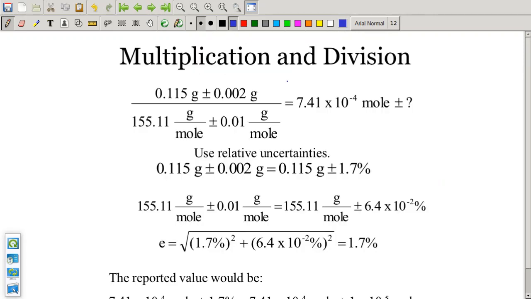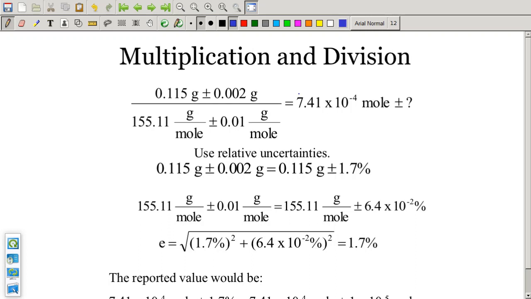On the other hand, if you do multiplication and division, what you're going to do instead is use the relative errors in the same formula. In this particular case, I'm calculating a number of moles. I have a mass of a compound with a fairly large relative error, and I have a molar mass, and the molar mass is also going to have a small absolute error.